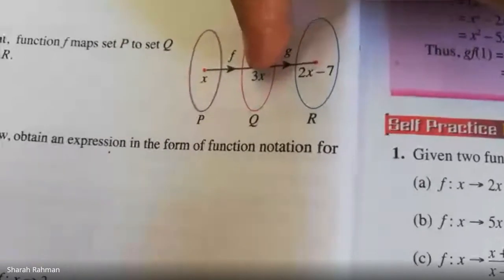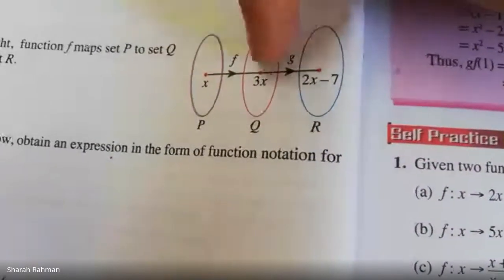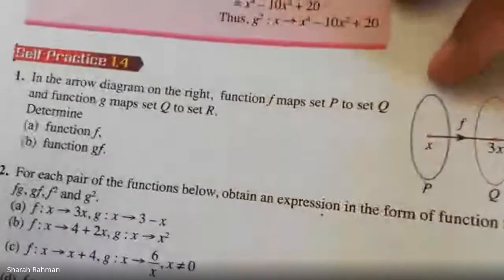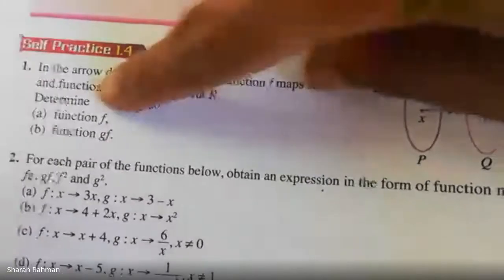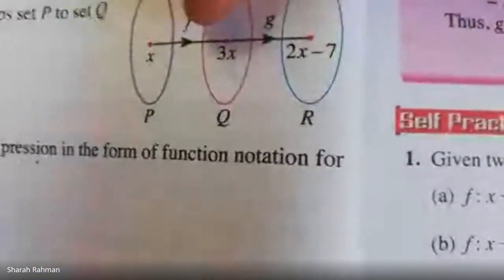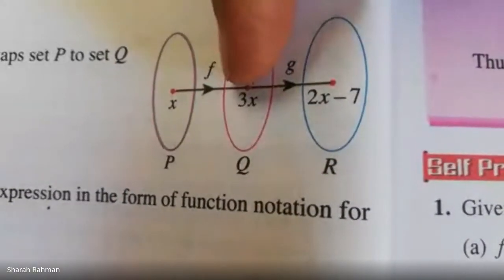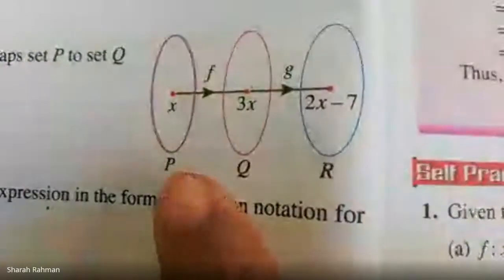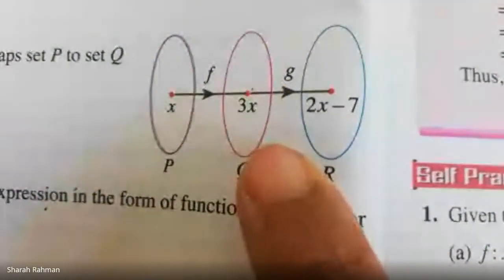Then this 3x is mapped to 2x minus 7. So for question number 1a, we want to find the function f. Function f given here is when the object is x, it is mapped to 3x.